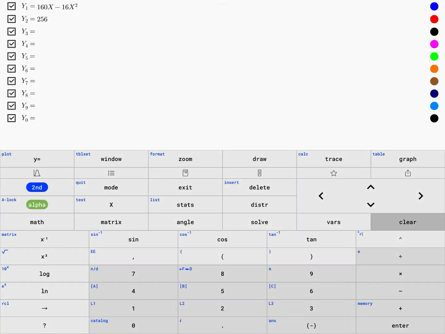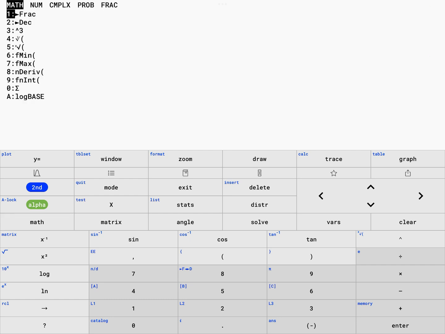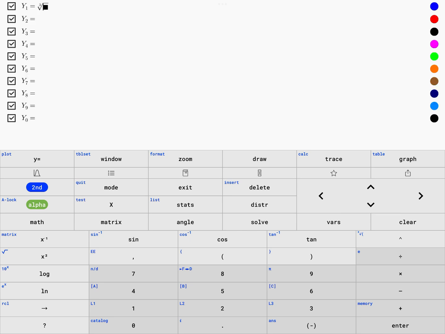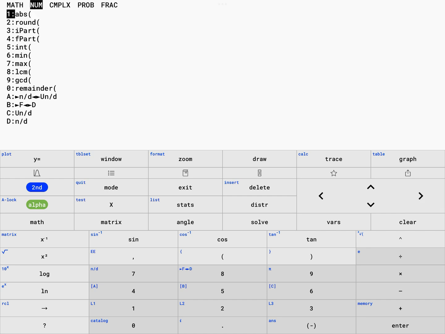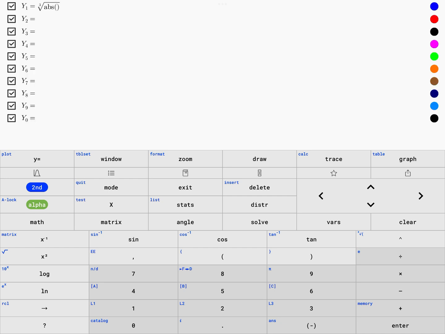So if we go to y equals, let me see what the problem was again. So we are doing the cube root. If you go to math, option number 4, you can see we have a cube root. Go back to math, and then go over to the NUM menu, and the first option is absolute value.